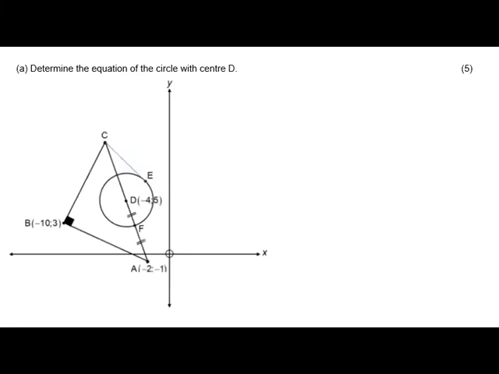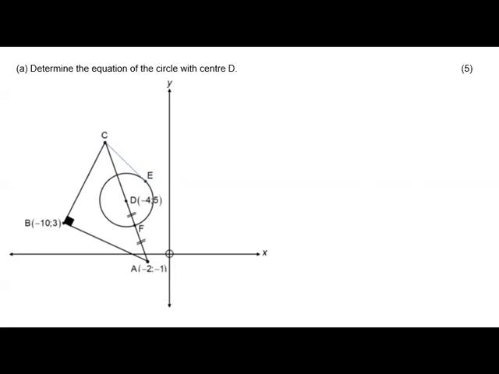We need to determine the equation of the circle with center D. I decided to write everything that I have to say to you instead of just saying it without writing it down.